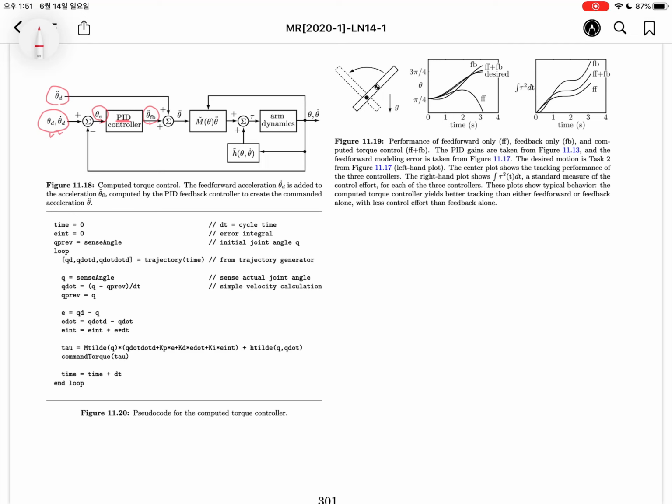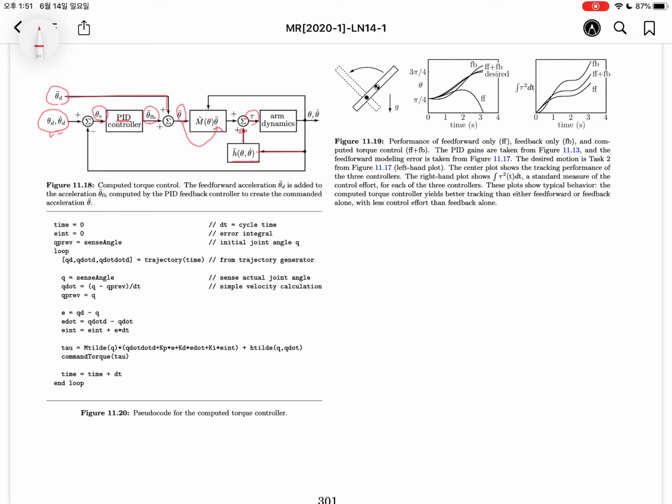It will be added to the theta desired 2 dot. Okay, this theta 2 dot is applied to the inertia. The inertia matrix transforms the joint acceleration into the joint torque, so we can get the joint torque. Okay, this torque is supported by the nonlinear terms.